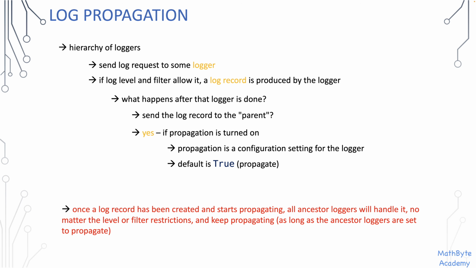It will send it up one level to the parent logger. It doesn't matter what level or filters are on that parent logger. It will not try and filter out that log record. Once the log record object is created, it will propagate up all the way to the top, depending on whether those loggers are set to propagate up. So again, these are things that we're going to experiment with when we look at the code.